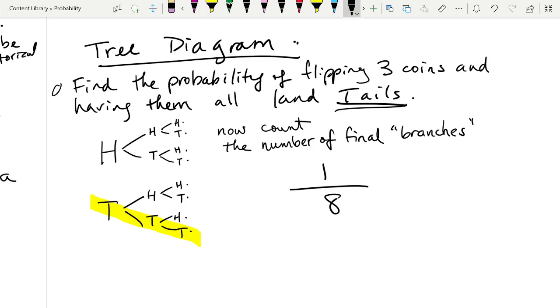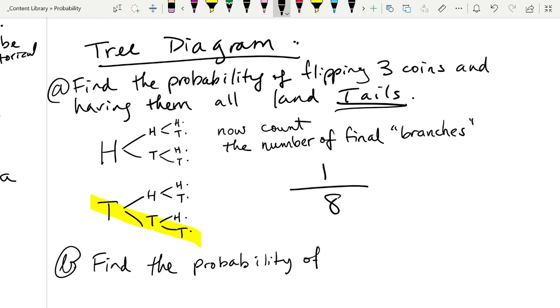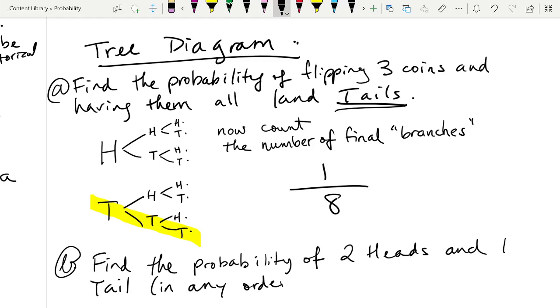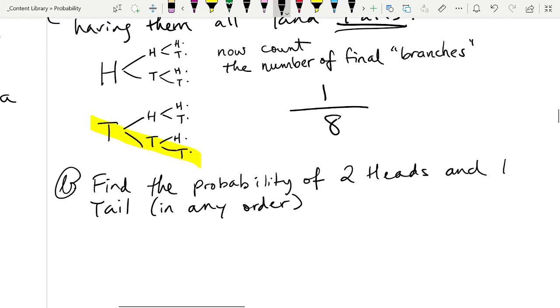I'll give you a B question. Find the probability of 2 heads and 1 tail, in any order. So I don't care if it's heads, heads, tails or tails, heads, heads.